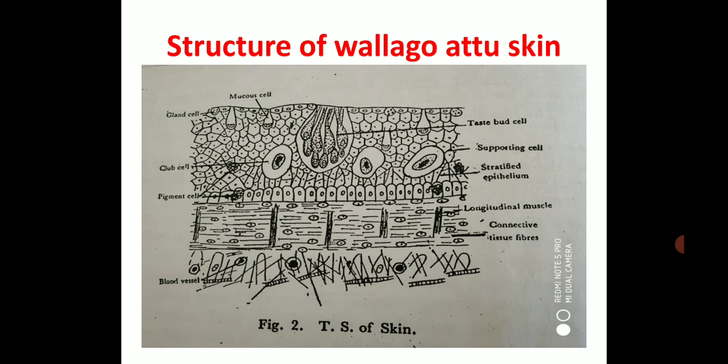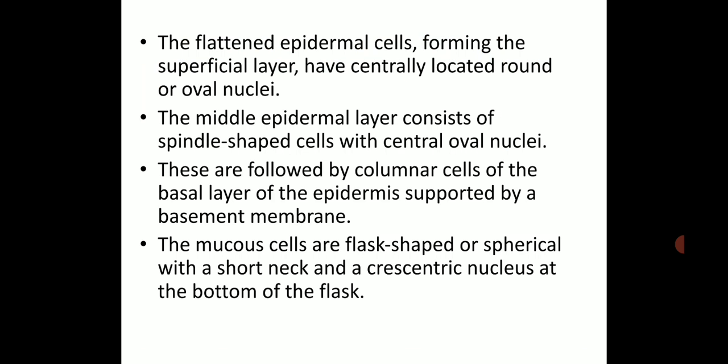This is a diagram. We see that these tiers consist of various cells as well as the epidermis, and the supporting cells as well as the connective tissues are present here.